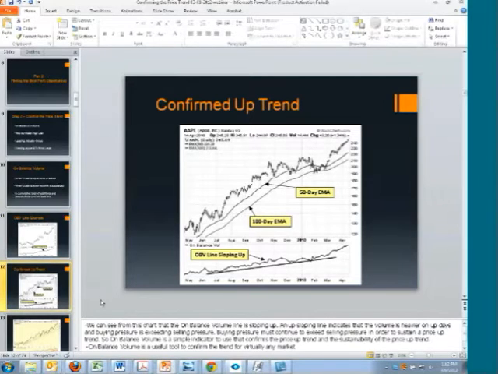So if a stock is in a price uptrend and we have an upsloping OBV line, then we have a confirmed uptrend. And here's a price chart of Apple stock, the daily price movement. You can see the 50-day EMA is above the 100-day EMA, so we have a price uptrend, and that price uptrend is confirmed with an upsloping OBV line.